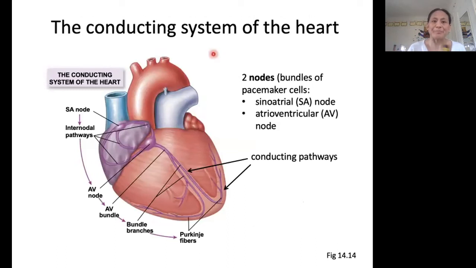Okay, so the spreading of that electrical signal happens through a system of pacemaker cells, which we refer to as the conducting system of the heart. And in this slide, I'm going to introduce to you the structure of the conducting system of the heart, okay?